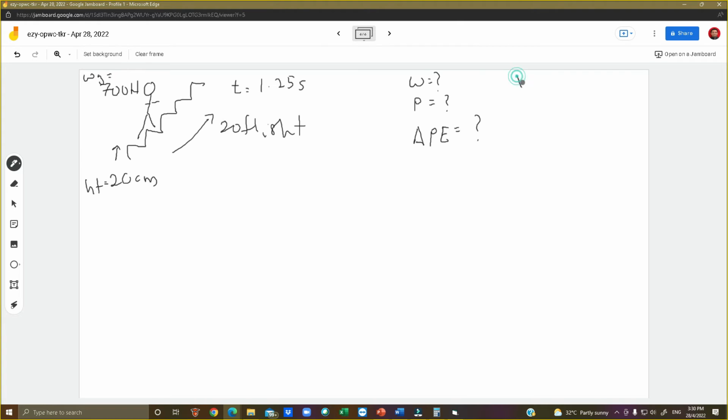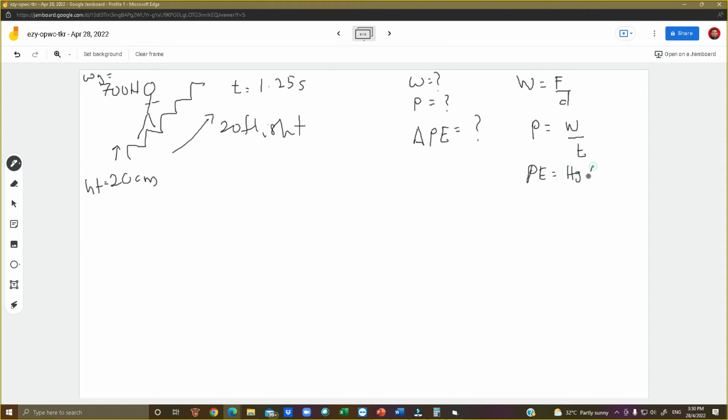For the formulas, for work we have force times distance. Power is work over time. And then PE plus KE.